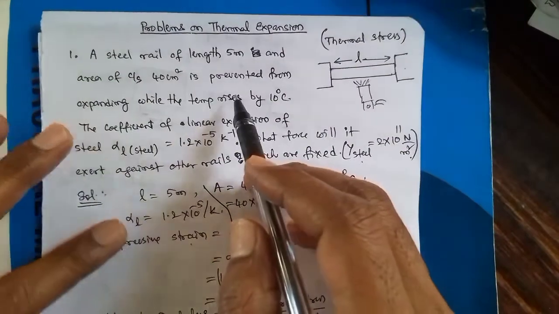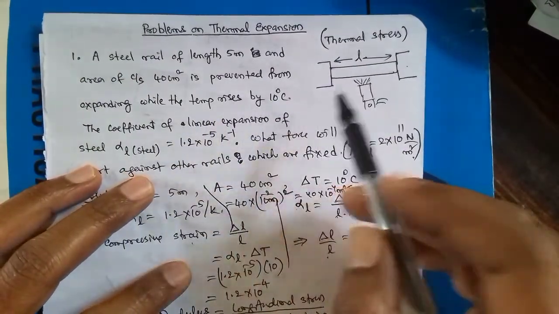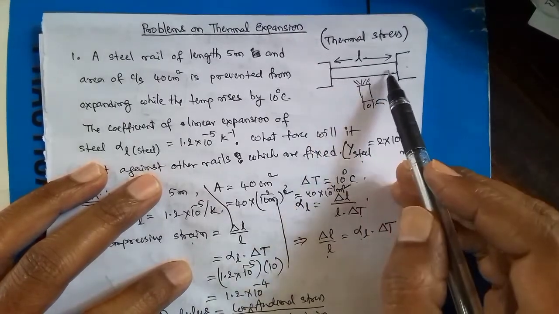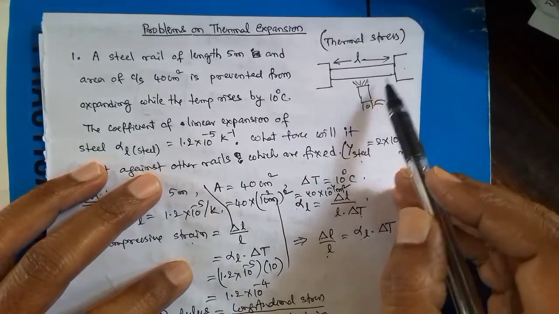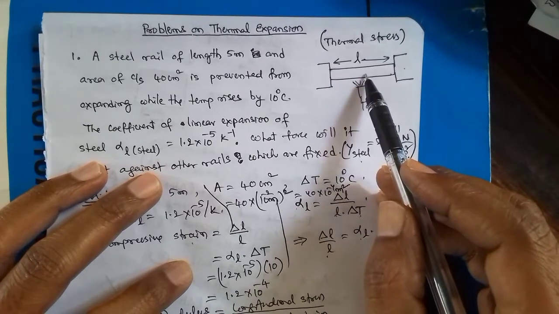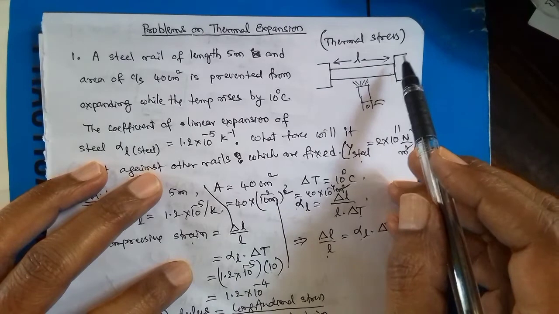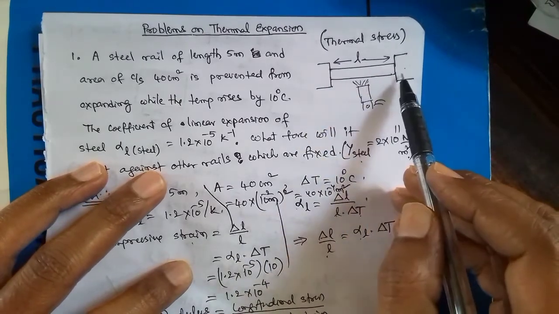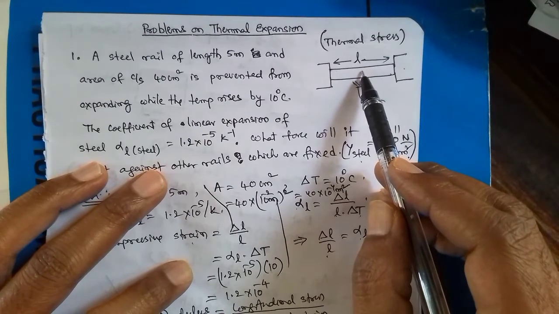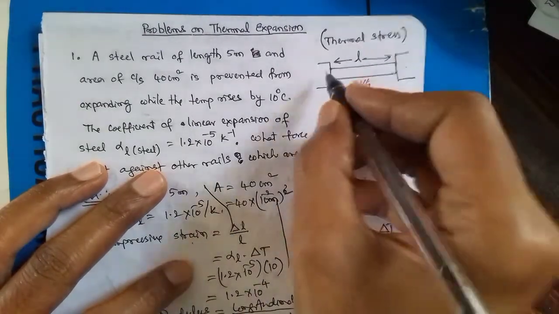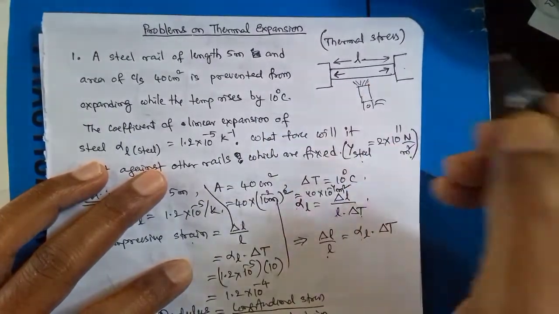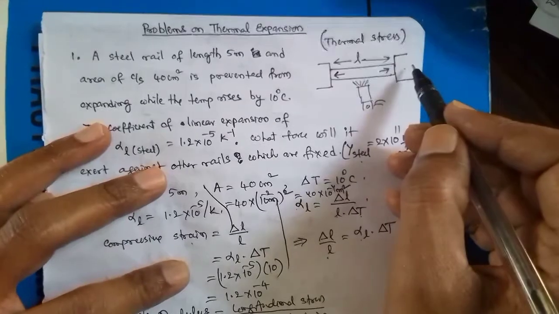The first problem we did here, what was there? A rod was fixed between two supports and you increase its temperature. Then what happens when you increase temperature? Its length increases, but it is not allowed to expand. Then this rod exerts force on this support and on this support.